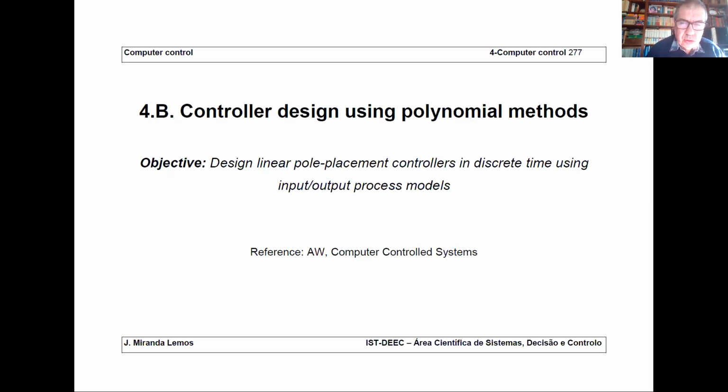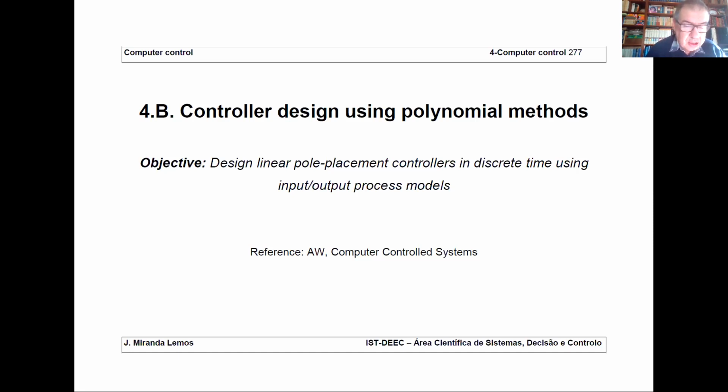So you do what we usually call pole placement. That is to say, we specify the desired positions for the poles of the closed loop system, the plant that we want to control interconnected with the controller. And then we design the controller based on this specification.